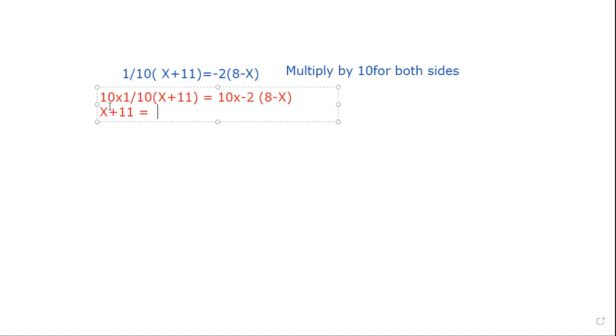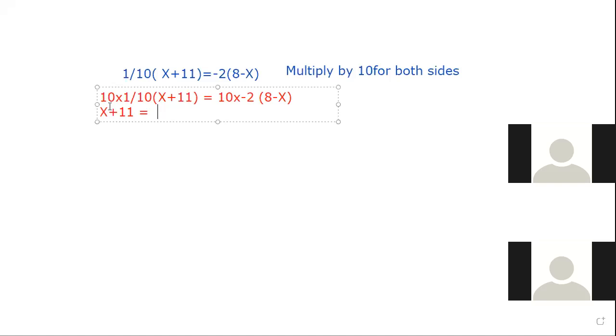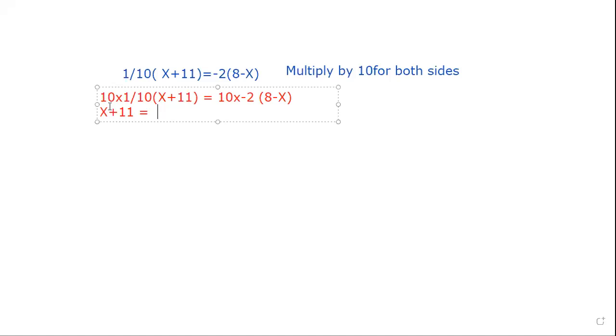Rashwan? It will be 1, which means we will remove 1 over 10 from the question. The right side now, we have 10 times negative 2, it will be negative 20. And after that, we have 8 minus x, and then close the parentheses.